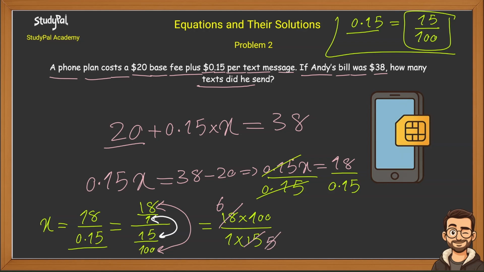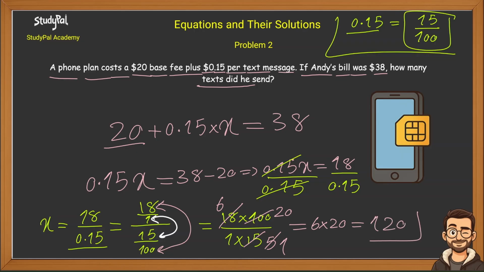Now, 5 divided by 5 is 1, and 100 divided by 5 is just 20. Alright, the result is 6 times 20 over 1. But as I told you, any number divided by 1 is just that number. So 6 times 20, and 6 times 20 is 120.